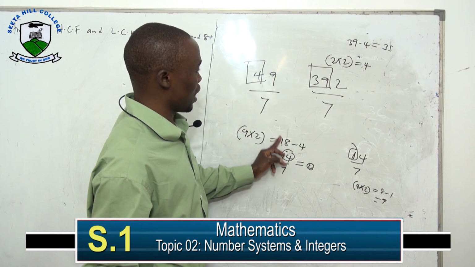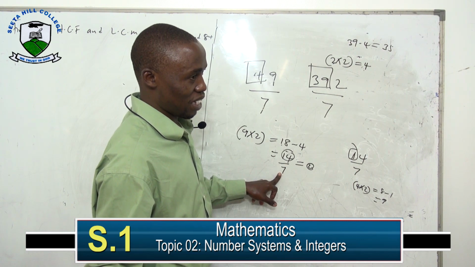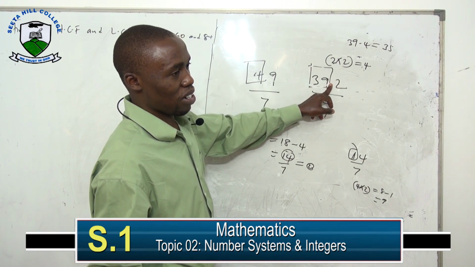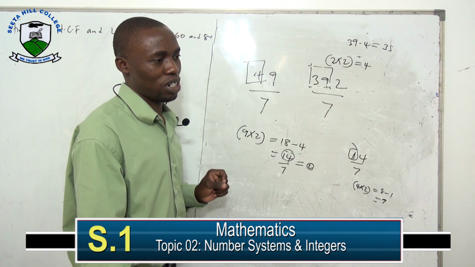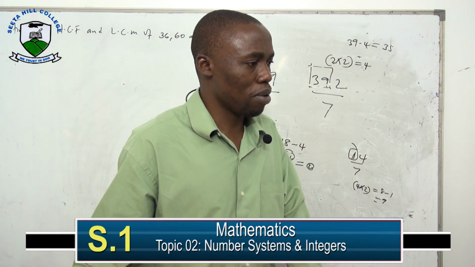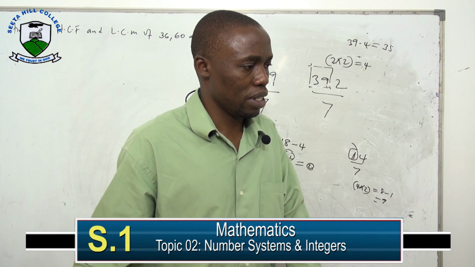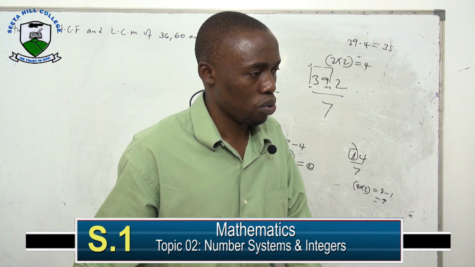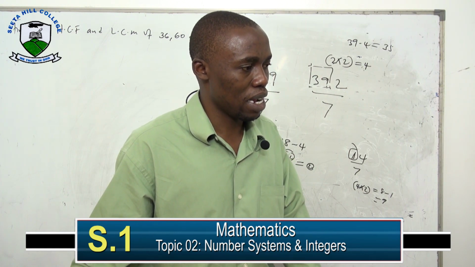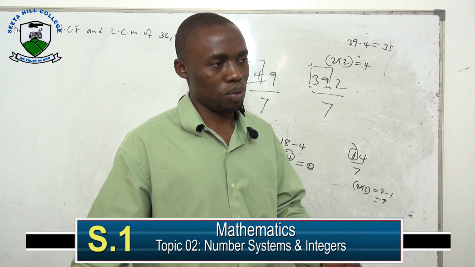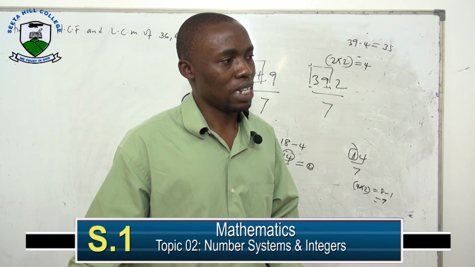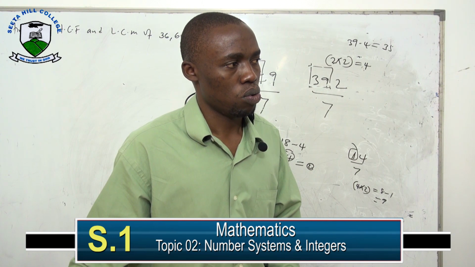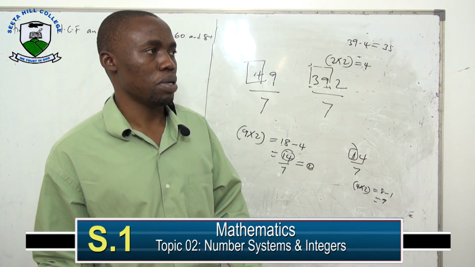That 9 times 2 is 18, minus the remaining number 4 gives 14. 14 divides by 7.